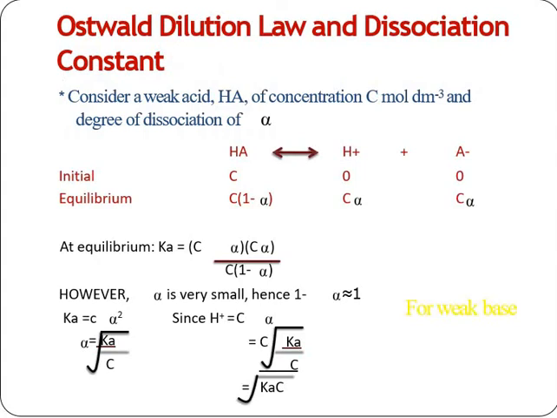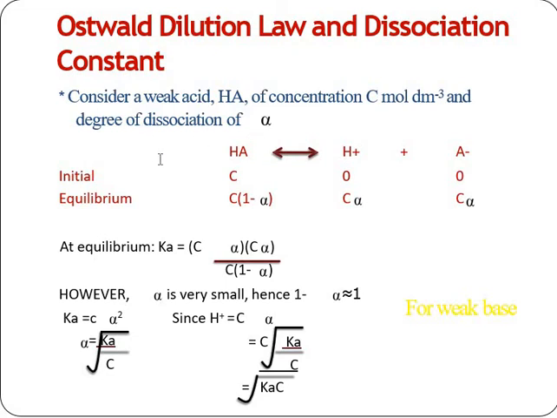Now the next topic is Ostwald's dilution law and dissociation constant, that is, the relation between degree of dissociation and dissociation constant. Always remember that degree of dissociation is the number of moles of the substance dissociated from the total number of moles and is indicated by alpha. Similarly, dissociation constant is indicated by Ka or Kb.